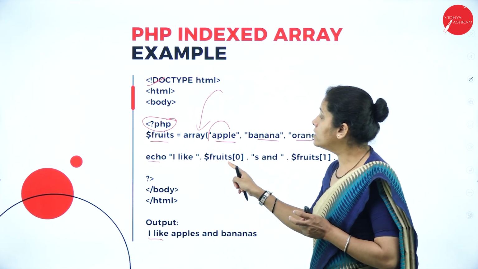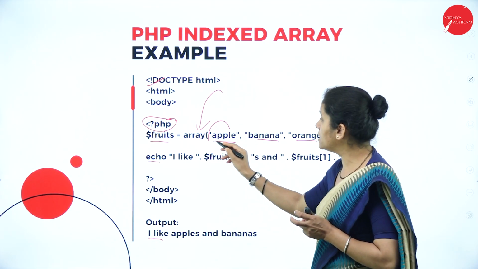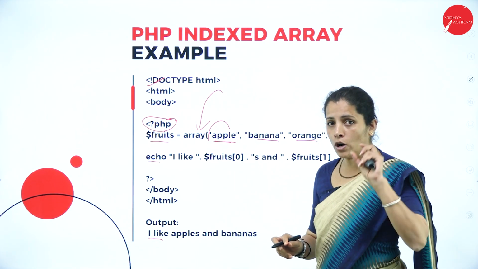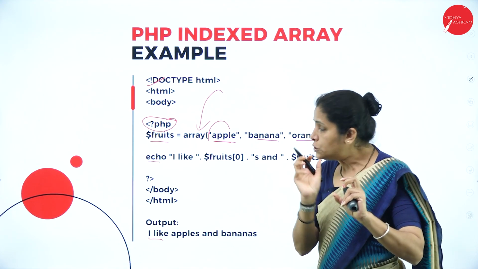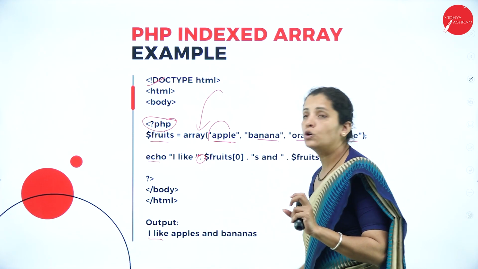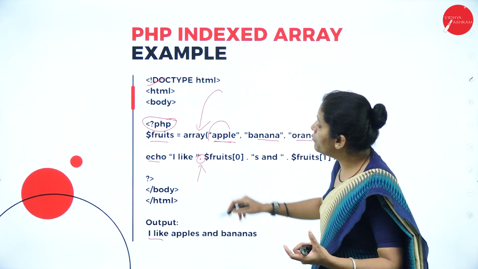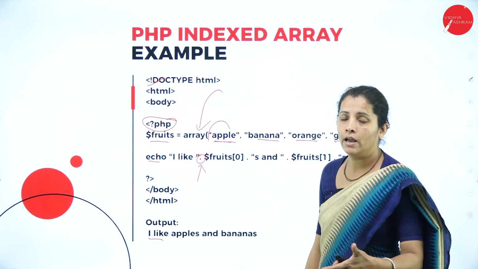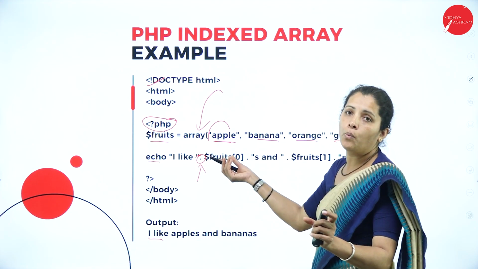What fruit is present at location 0? That is nothing but apple. I want the message, along with that I want to display the value, so I'm using dot. What is the meaning of dot? That's nothing but append. Along with the message, print the value.